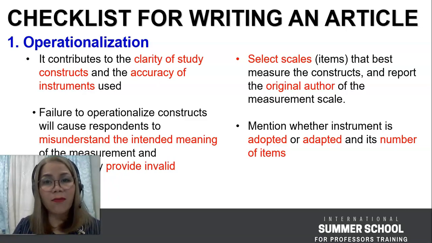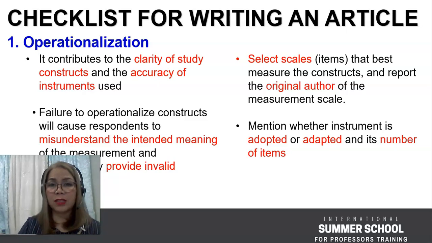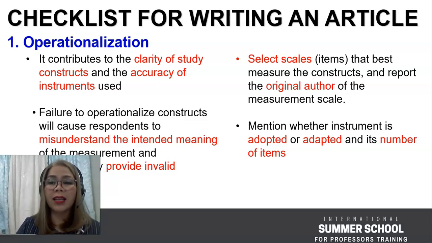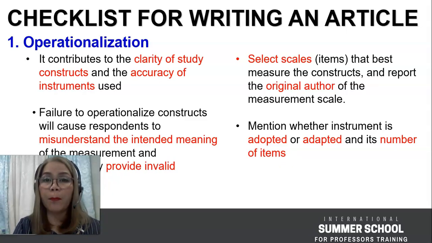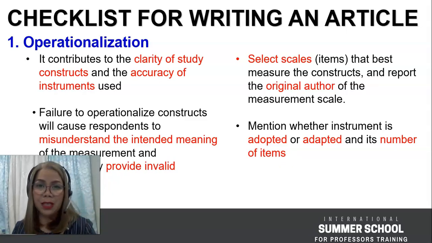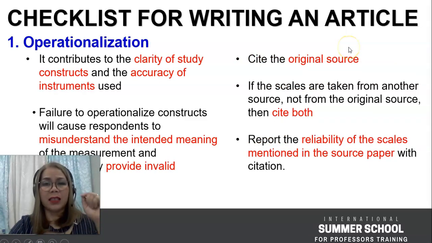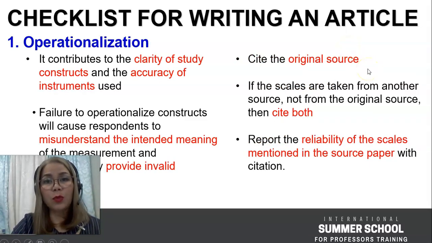Once we have identified the research instruments or the scales that we're going to use in our study, then we need to cite the original author. Also, mention in your article whether that instrument is adopted or adapted and the number of items per variable. It is very important that we cite the original source.